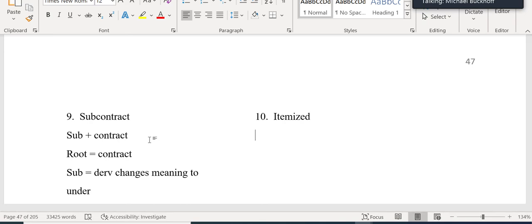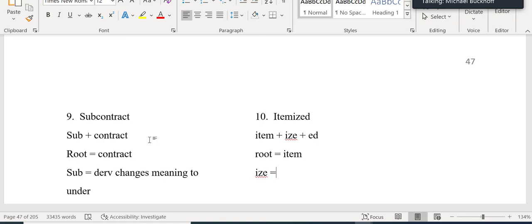Okay, itemized. What do we have here? Three. Good. So item. So then we can say the root equals item, and then IZE, and we're going from item to itemize.